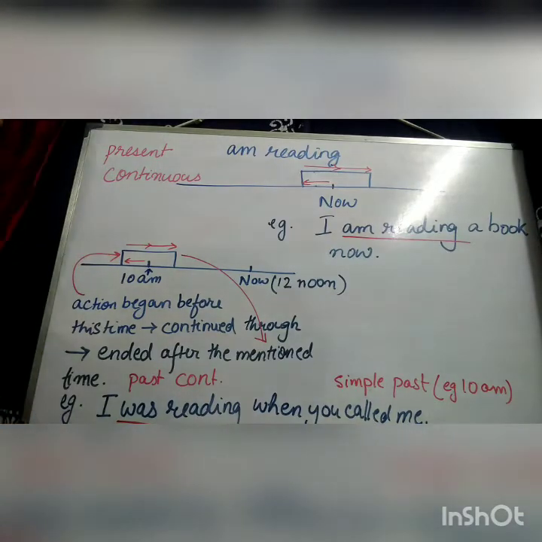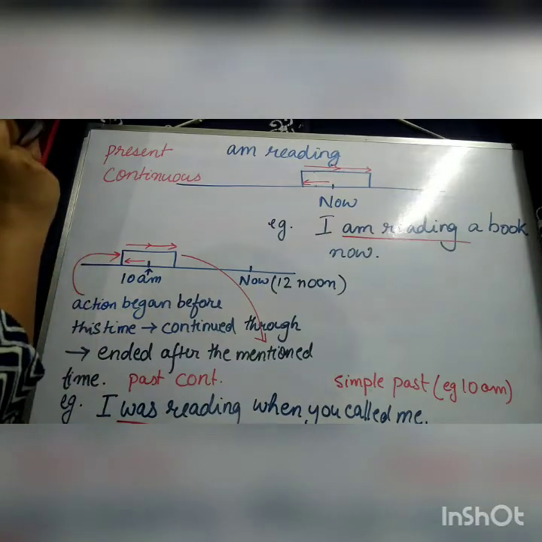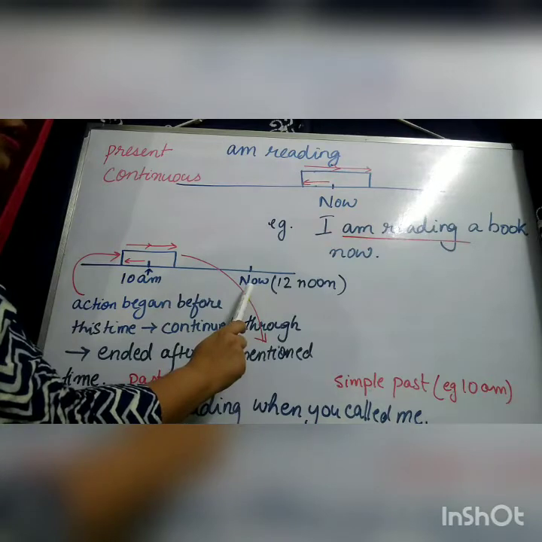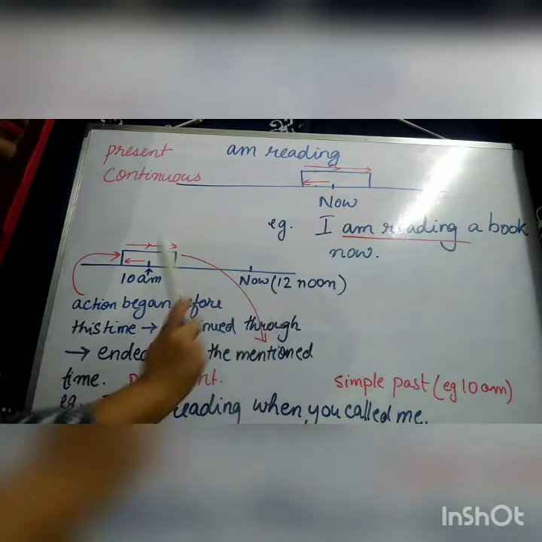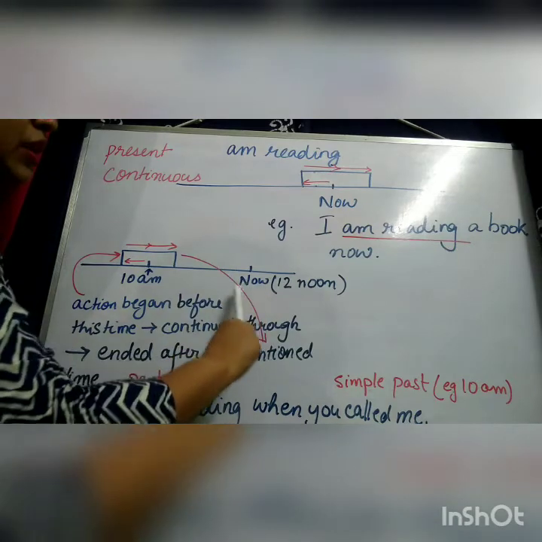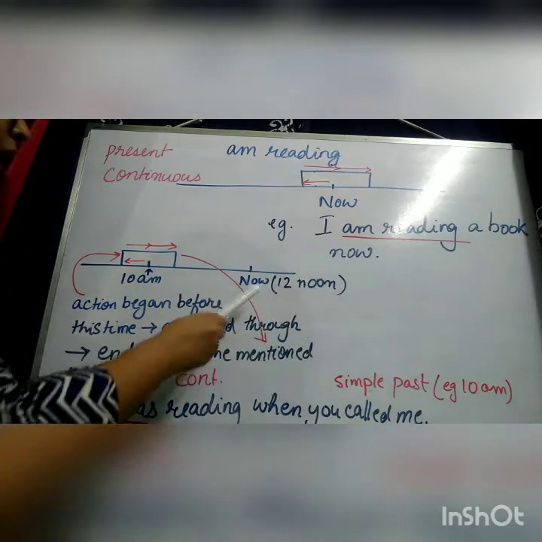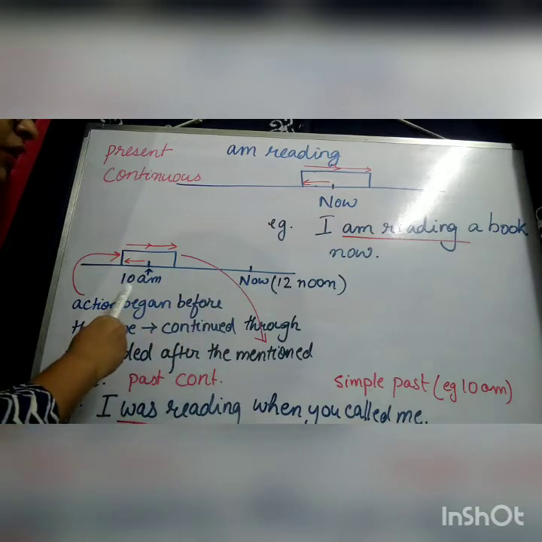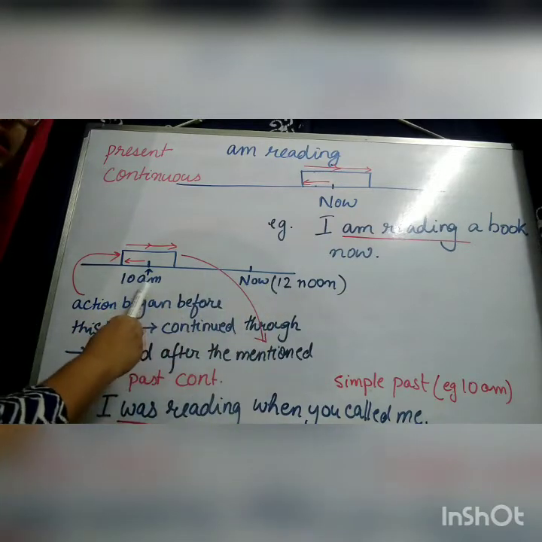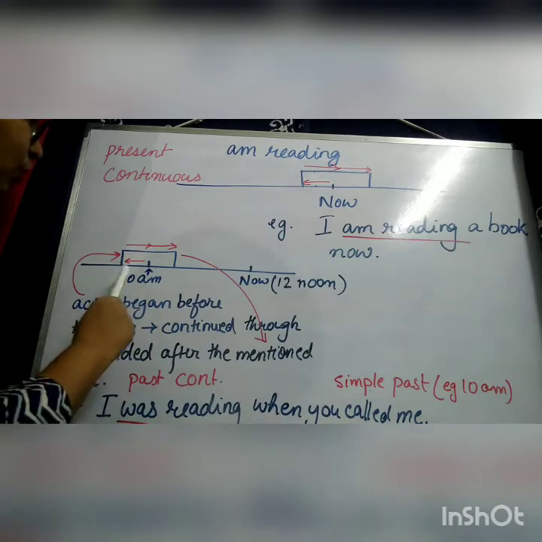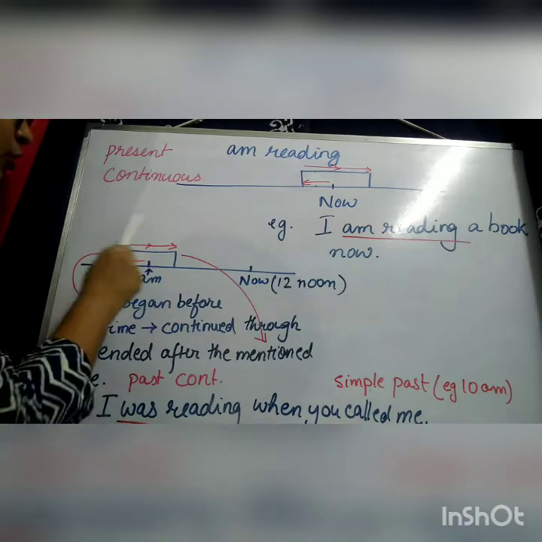Similarly, this second example that I have given over here represents a timeline where, say, now is 12 noon. And I'm talking about a time which was earlier than the present moment, which I've marked as, say, 10 a.m. So what has happened over here? You can see the picture over here.